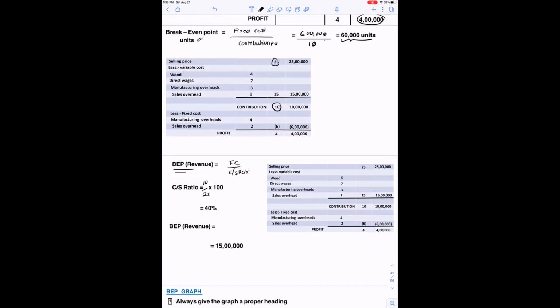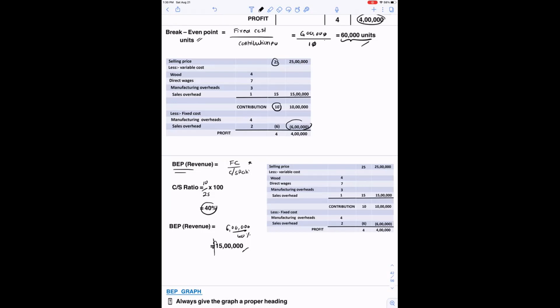My contribution to sales ratio is 40%. So break-even point in revenue, fixed cost, always the total, 6 lakh upon contribution to sales ratio 40%. So 6 lakhs divided by 40% is giving me break-even point revenue as $15 lakh.